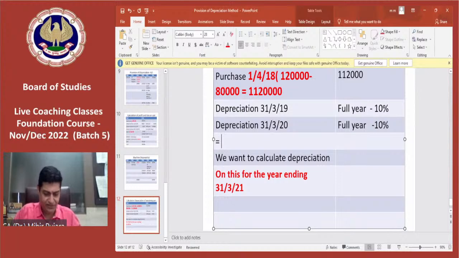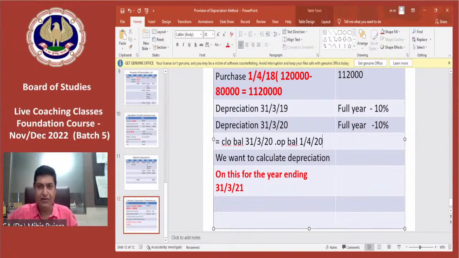So this is closing balance as on 31st 3/20, that is opening balance as on 1/4/20.